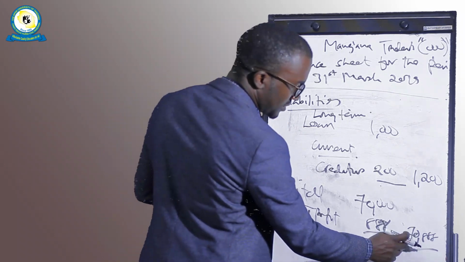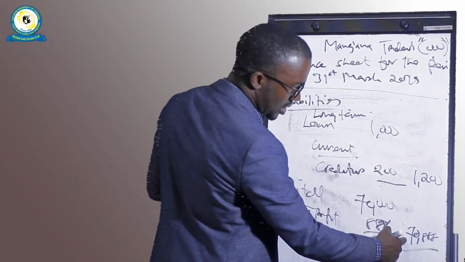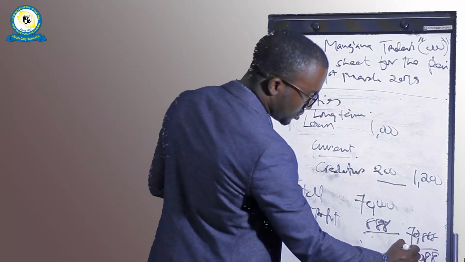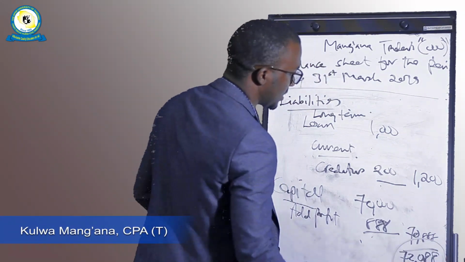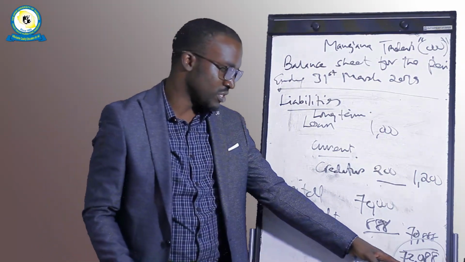If you take 70,888 plus the totals of liabilities, 1,200, you're going to get 72,088. You see, now the totals of liabilities and capital is 72,088.